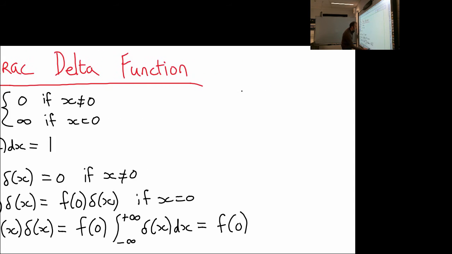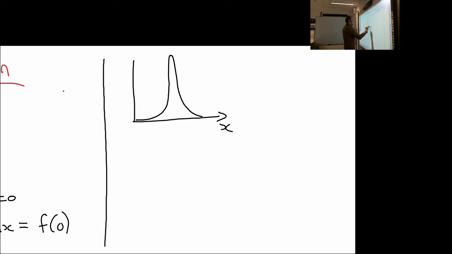We can also shift the delta function. So now let's suppose that our delta function is now located at some point a. Okay. So what this is now is our delta function of x minus a.